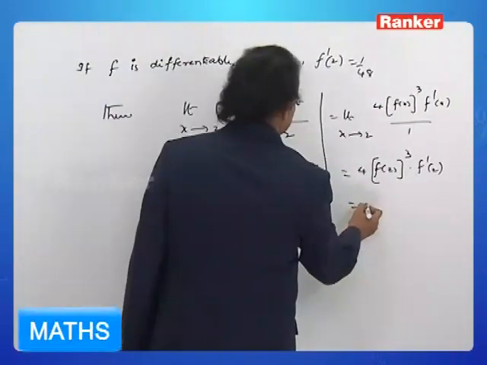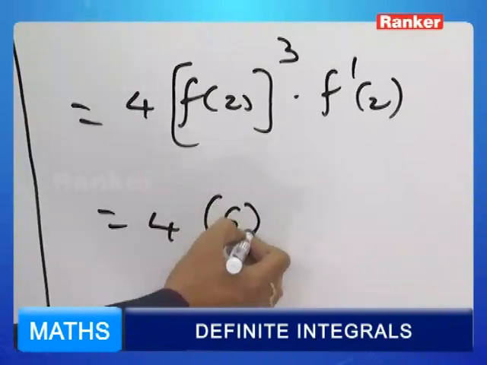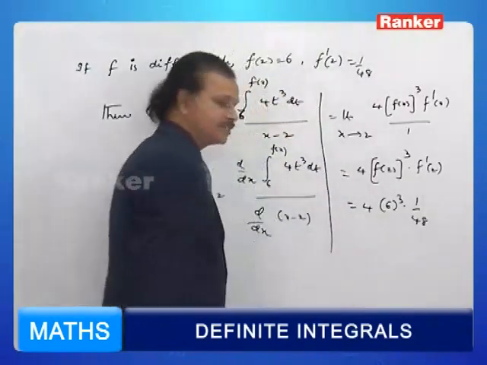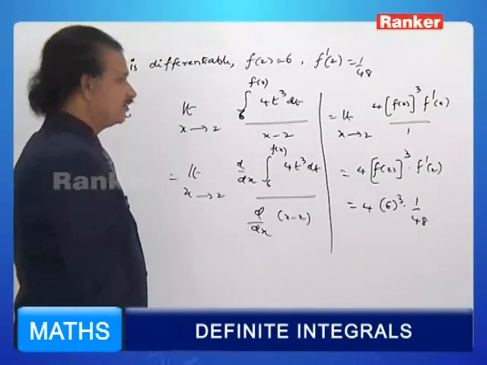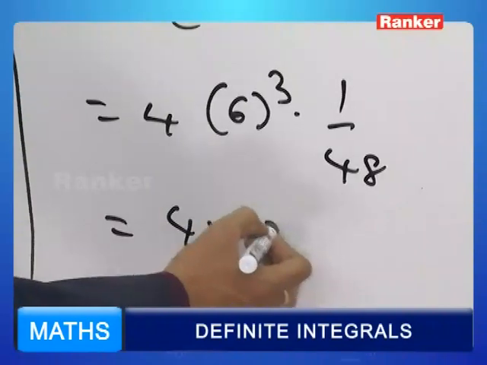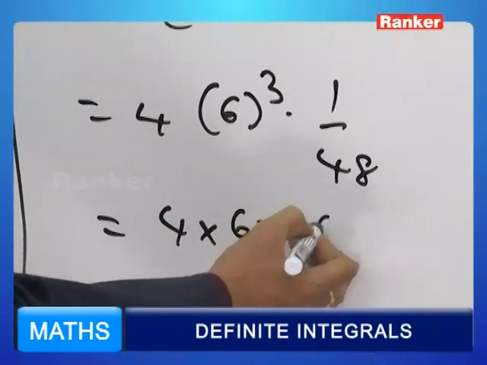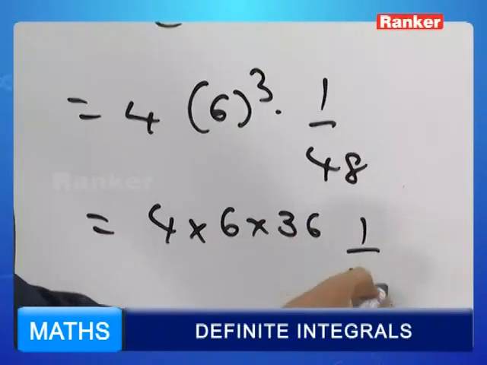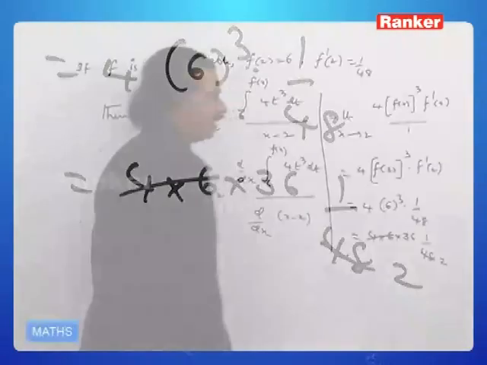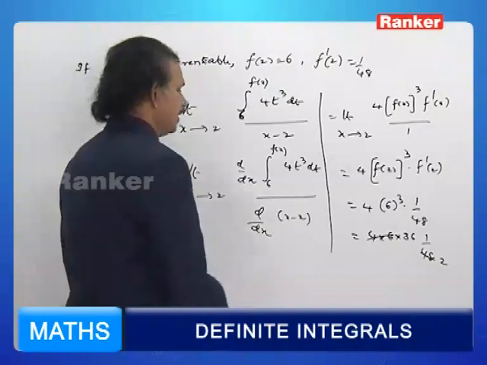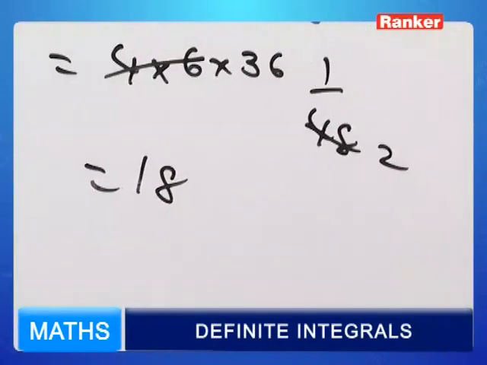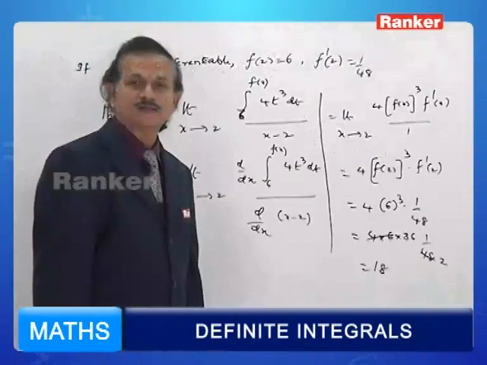Hence it is 4 into 6 cube into, what is f dash 2? 1 by 48. Hence it is 4 into 36 into 6 into 1 by 48. 6 4s are 24, goes 2 times. 36 by 2 is of course 18, hence the answer is 18.